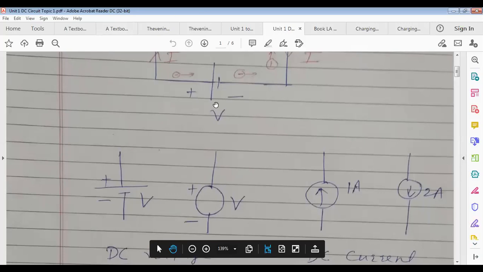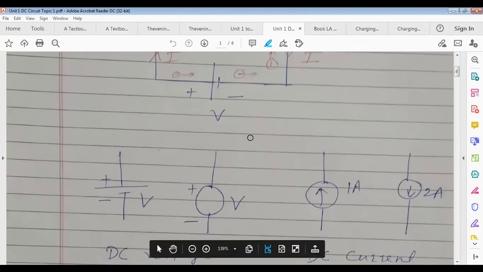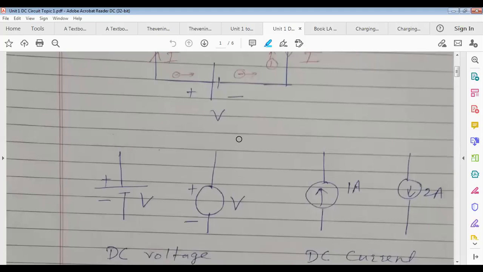Okay. So see, in the first unit, read the statements of Kirchhoff's current law, Kirchhoff's voltage law, superposition theorem, Thevenin's theorem, and Norton's theorem. Like for Kirchhoff's, which one of the following statements is true?